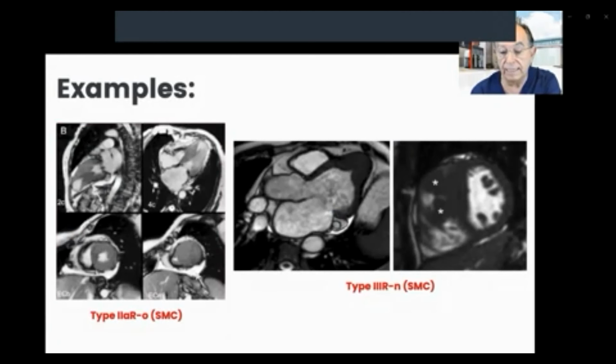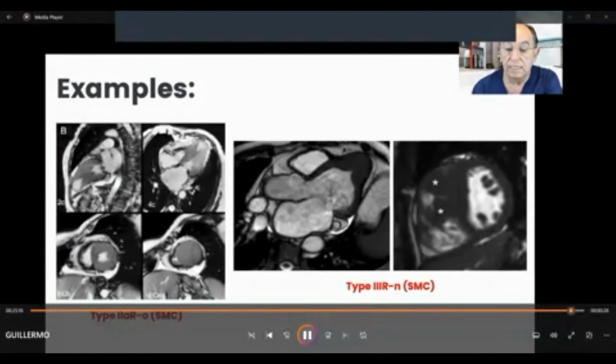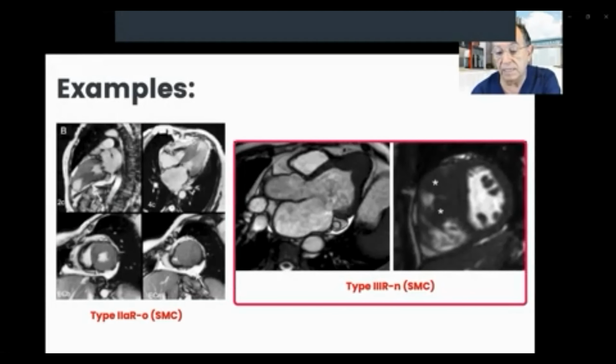And finally, the second example is about a patient with the apical form. This is the original Yamaguchi description. It is type 3, but this patient has the right ventricle involved, and is not obstructive because the hypertrophy is only in the apical segment, and doesn't have an aneurysm. And finally, it is slash N for non-obstructive.